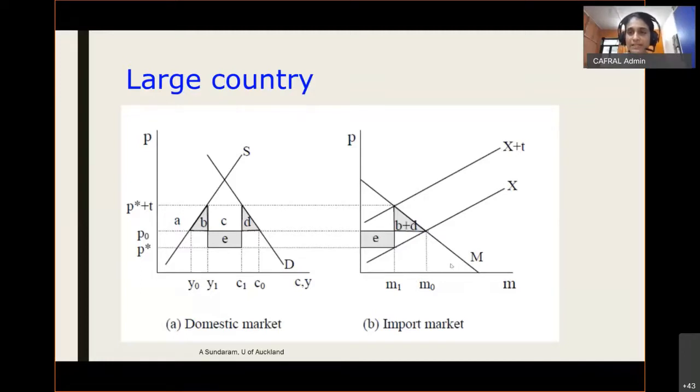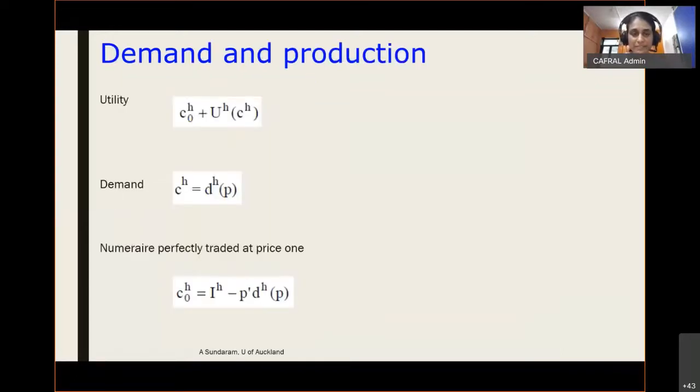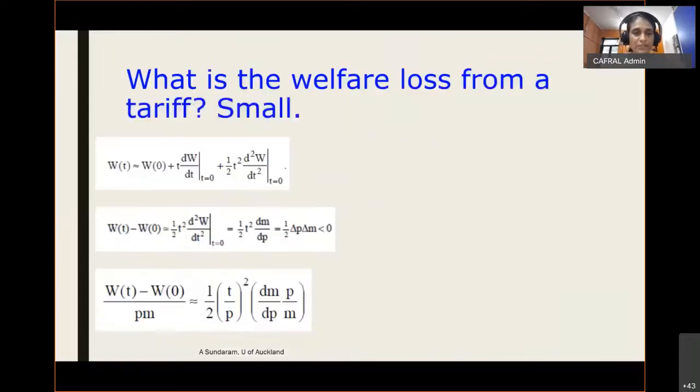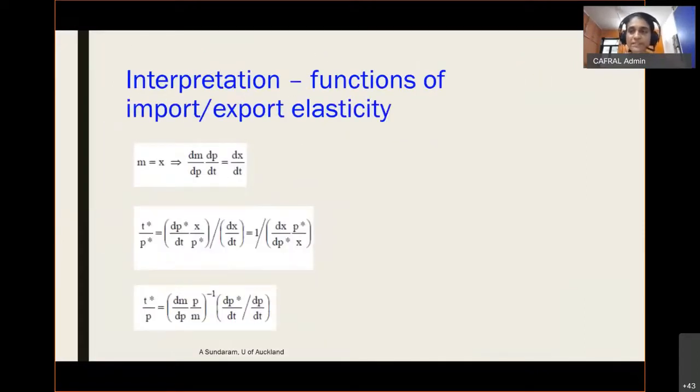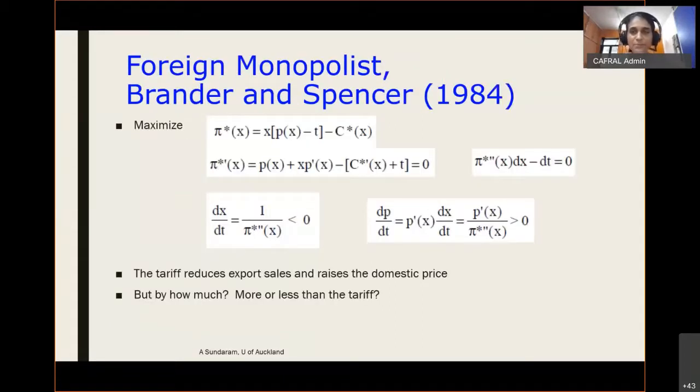So that is exactly what those equations are telling you: whether you can put on a high tariff or a low tariff will depend on the elasticity of the import demand and export supply curves facing the country. So that is what this slide is trying to say, that the optimal tariff is determined by these external factors. Okay, so that was perfect competition.